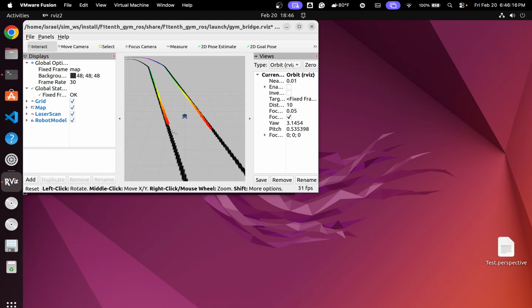You need to run these and make sure you source everything as well. Note that once you change the file, you have to build it again, unless you're using the symlink option.